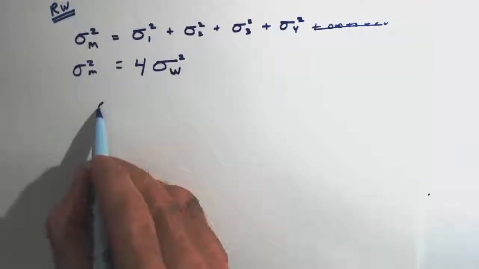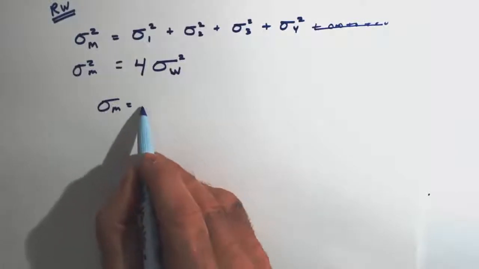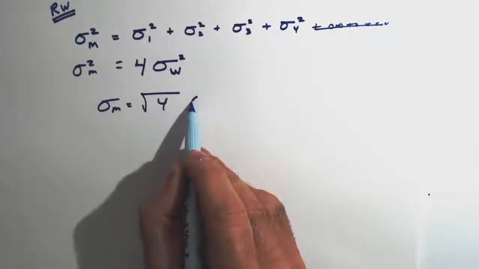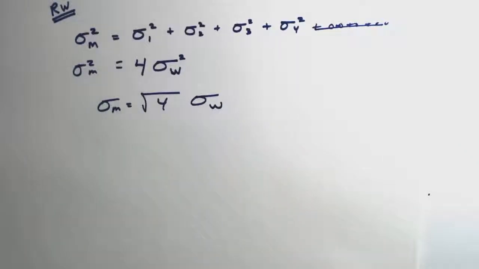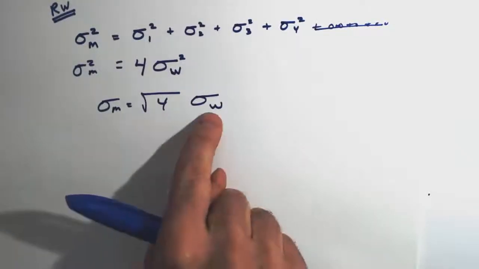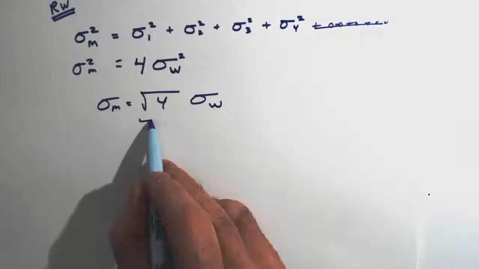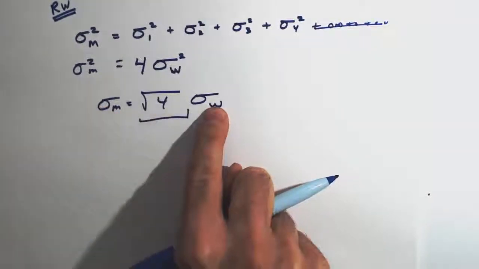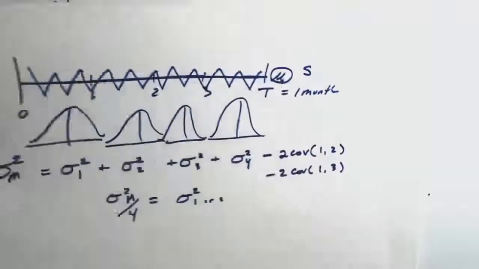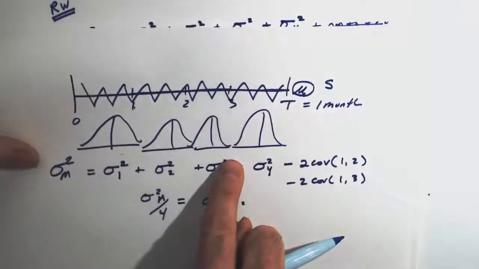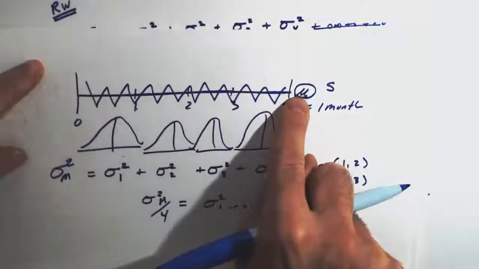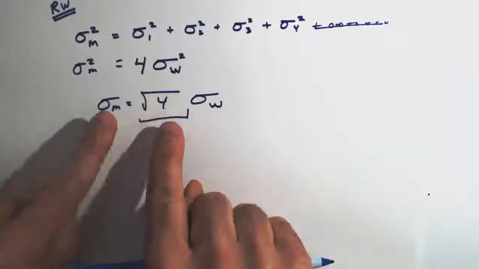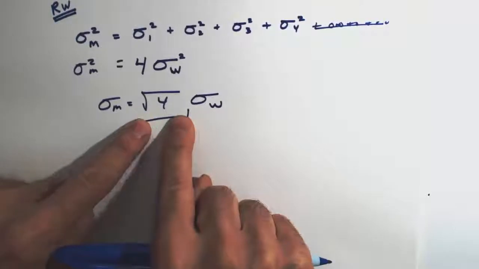Now the standard deviation of a month will equal the square root, so take the square root of both sides, of 4, and then you get the standard deviation, but you get this adjustment here. These are not equal like they were in the stationary process. In the stationary process that I showed you here, in other words, the mean reverting process, there was a 1-to-1 correspondence, but this is not 1, this is actually 2.